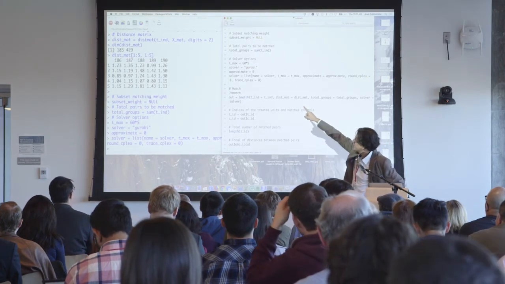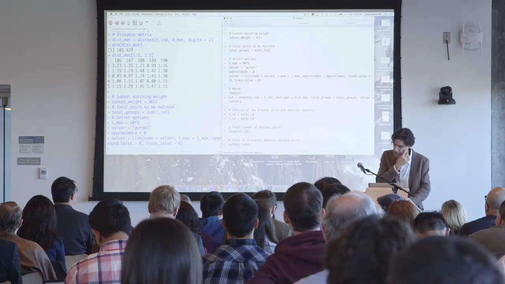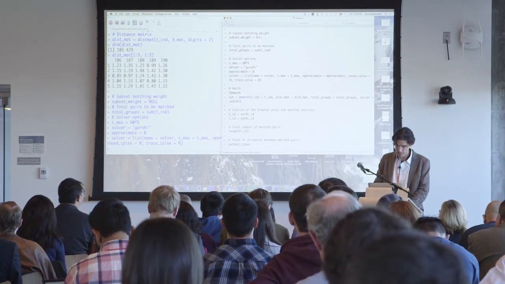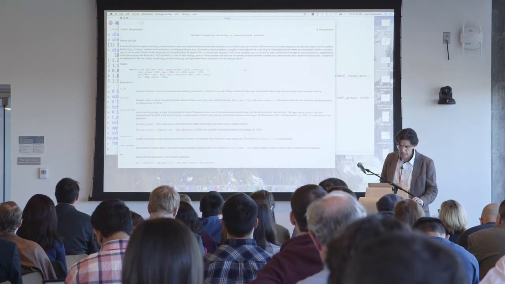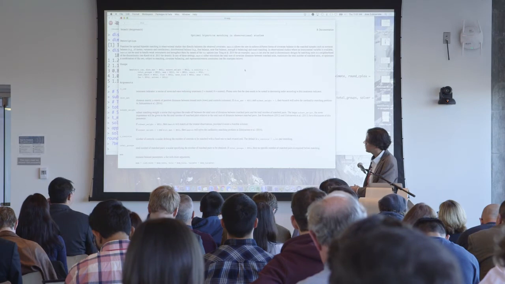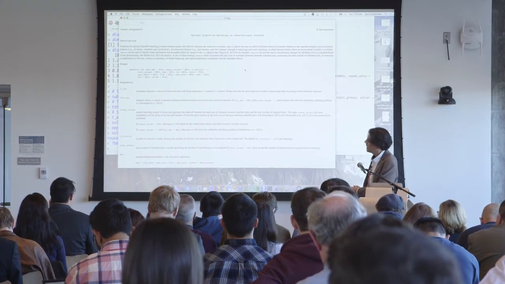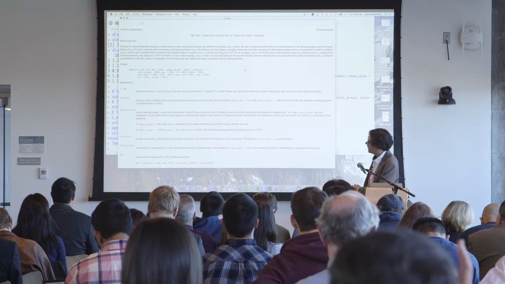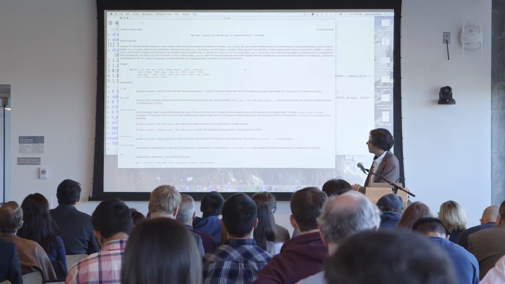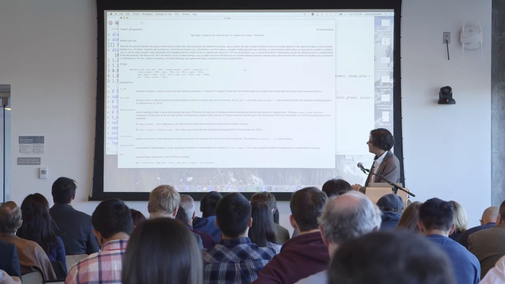I'm going to find an exact solution. That's the approximate equals 0 option. And then I'm giving all these parameters to Bmatch. If you go to the help file of Bmatch, you see there are many options here. Here we're using only some of them. The point is that here you have all these balancing parameters. For example, if you want to balance the moments of the covariates, like the means, you specify this.